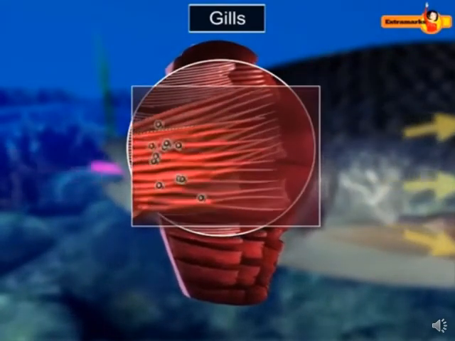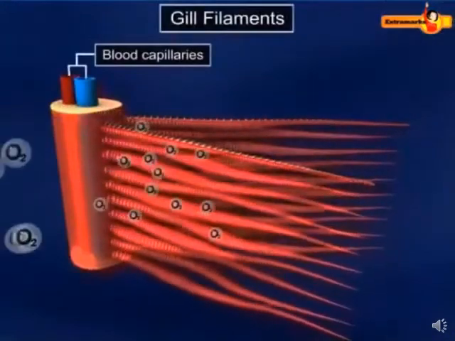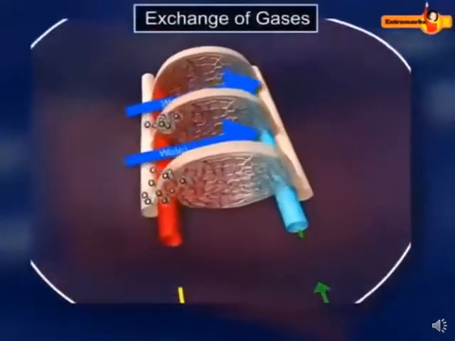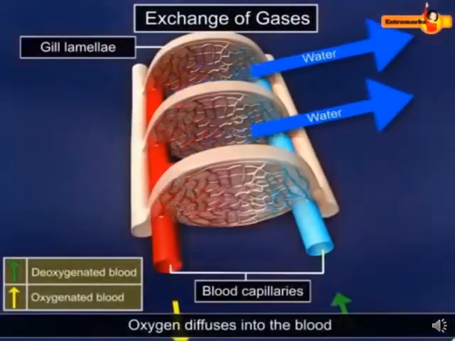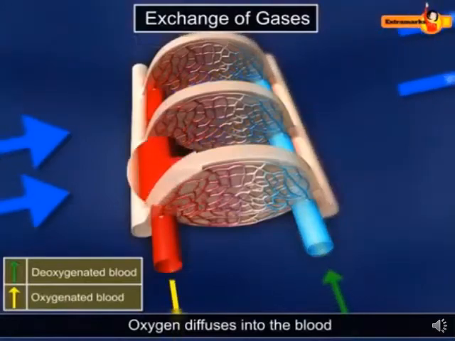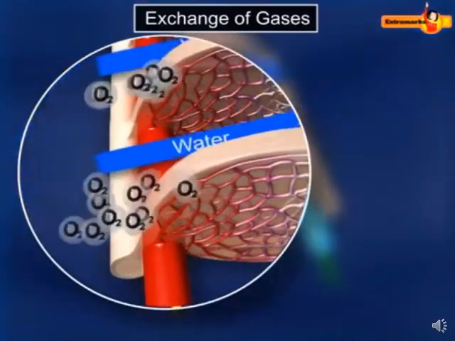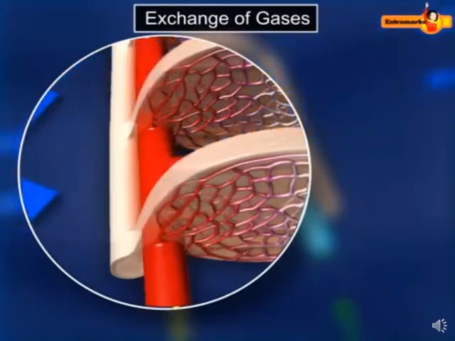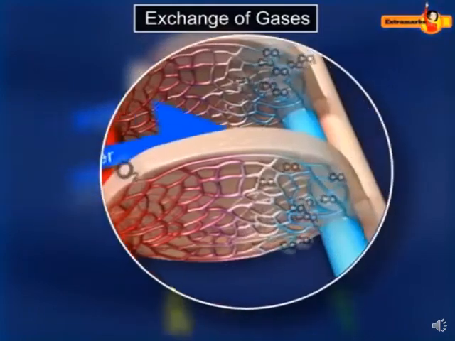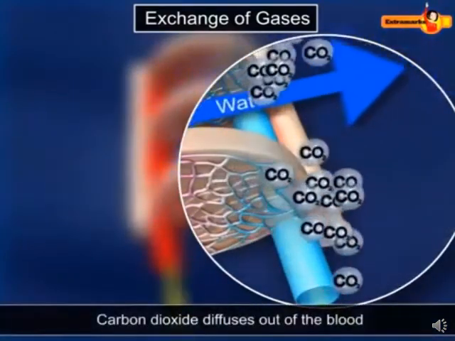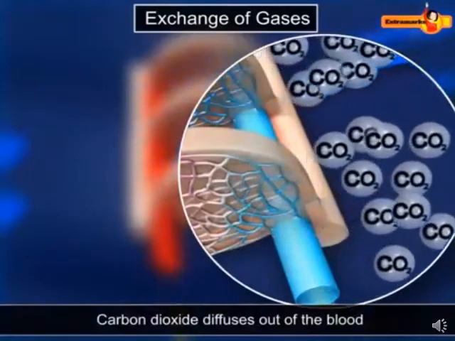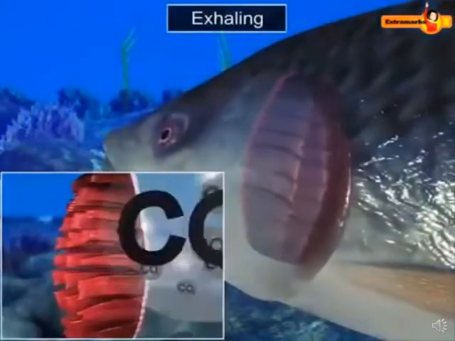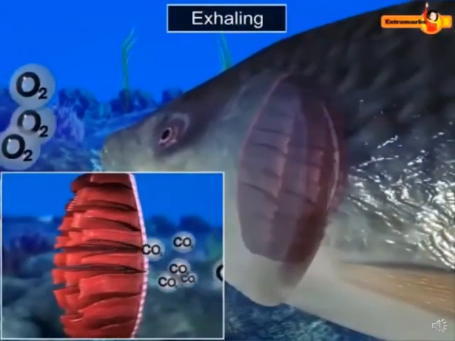These capillaries come in close contact with the current of water crossing the gills. Blood absorbs the dissolved oxygen from the water by diffusion. The unique structure of the gills ensures that they absorb most of the oxygen dissolved in the water that is passing between them. Simultaneously, carbon dioxide from the blood diffuses out of the gill capillaries into the water. The water containing carbon dioxide is expelled through the open operculum.